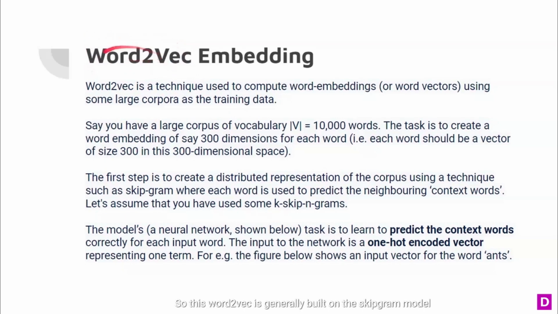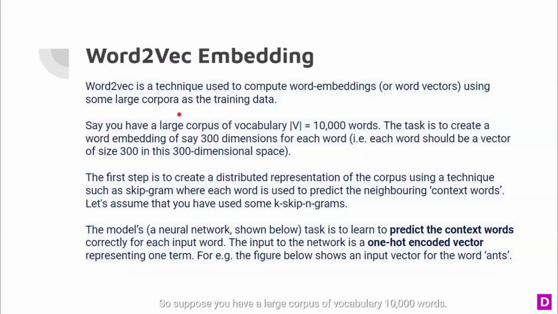Word2Vec is generally built on the skipgram model approach, and the skipgram model is an example of a probabilistic based approach. So basically, Word2Vec is an embedding built on top of the probabilistic based approach.